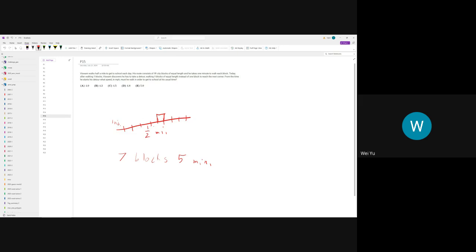We know that 1 block is 1/10 of half a mile, or 1/20th of a mile. So 7 over 20 miles is 5 minutes.